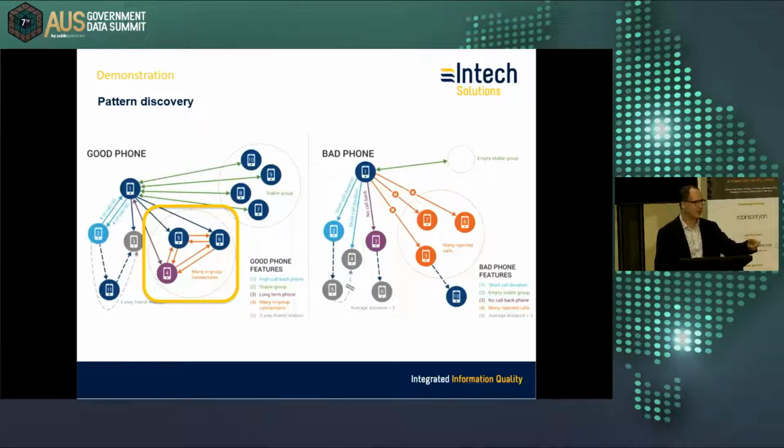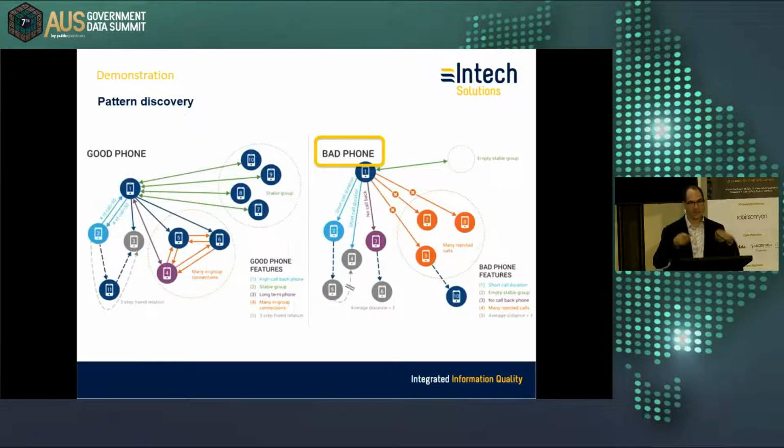So I call my brother, I call my mother, they call each other, I call Phil, and these people tend to call each other. That's a normal behavior of using a phone. On the other hand, in a bad phone that's used for spam, a phone number would just call someone and call someone else and call someone else, and the people they're calling wouldn't call each other on the whole. So a very different pattern of usage.